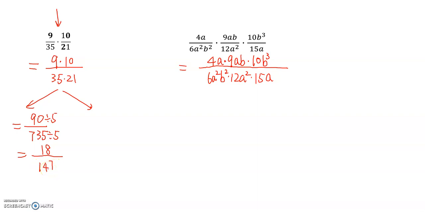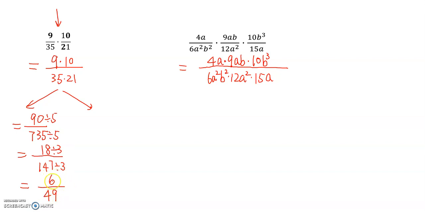And that's one of the rules we learned before during the first week. If 3 goes into the sum of all the digits, then 3 should go into this number. So we know for sure 3 goes into both of them. So we can divide both of them by 3 to get 6 and the bottom we have 49.